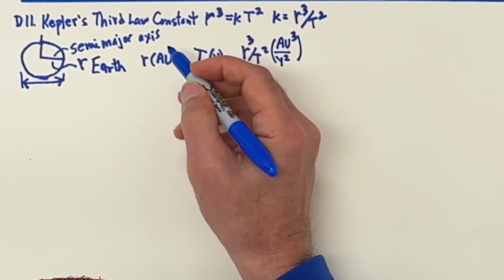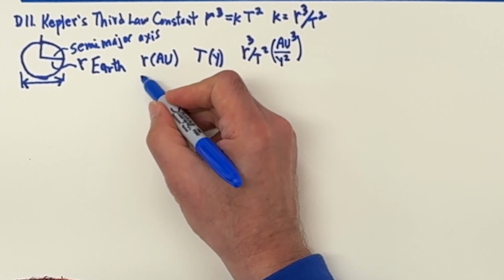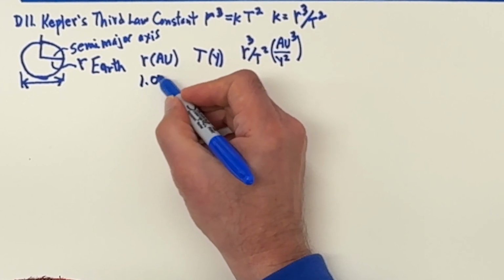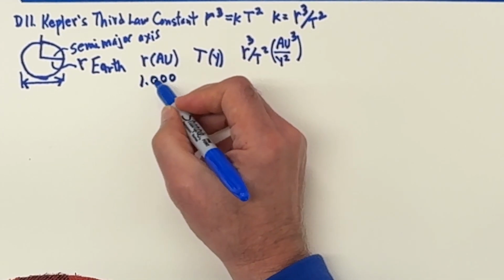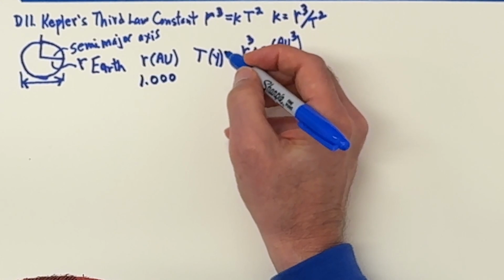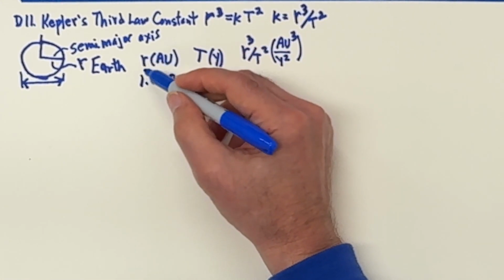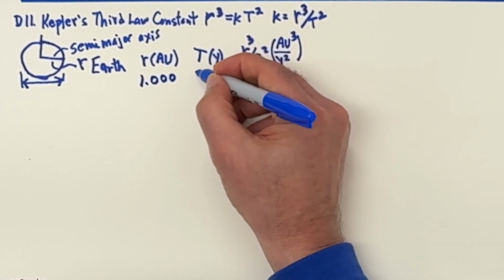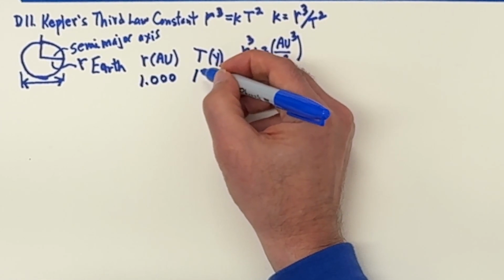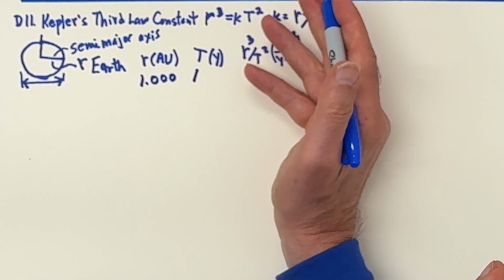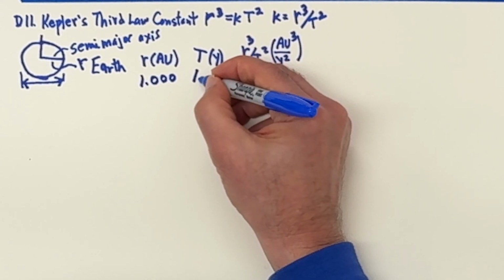Now, in these units, things are very, very simple for the Earth because we have 1.000. We'll use 4 significant figures here. But by definition, that's going to be a 1. And then the year, or the planet's time to go around the sun, is 1 year. That's the time for the Earth to go around the sun.